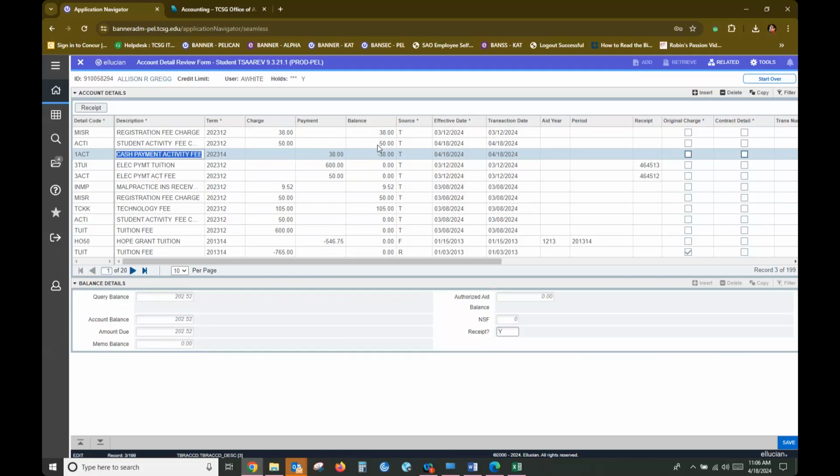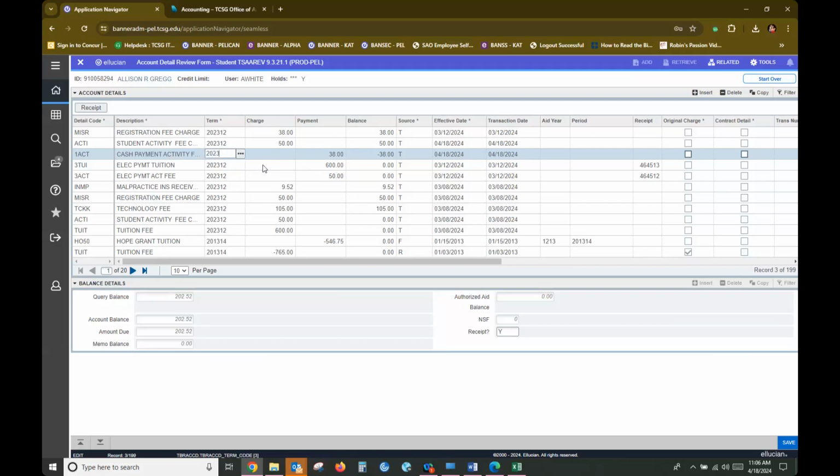So in this particular case, the term is populating in wrong because I'm trying to make a payment on a different term, and the amount's populating in wrong. Let's just say somebody forgot to update the amount, right? So as a cashier, I have to be paying attention to this to realize that, oh, that's $50, not $38, and this is 2023-12 and not 2023-14.